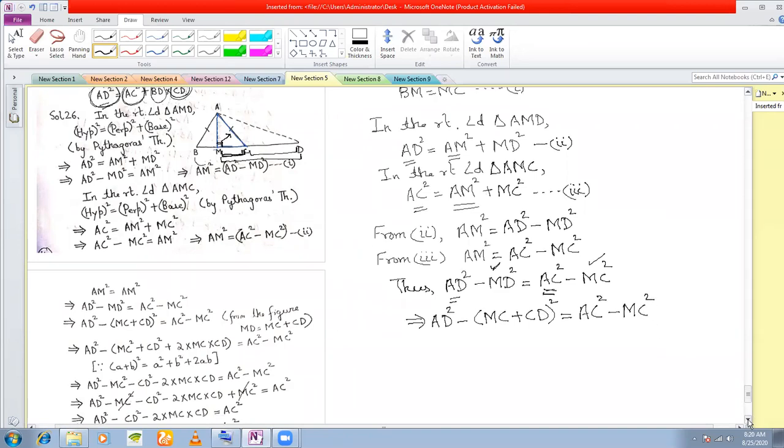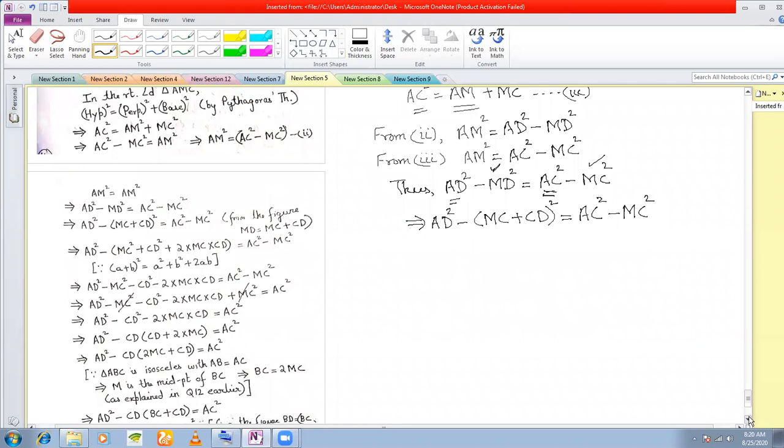Now I'll simplify this. AD square. Now we expand this by A plus B whole square form.